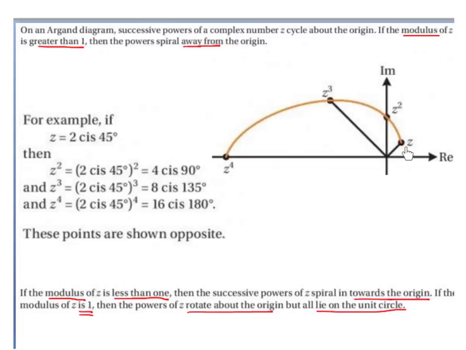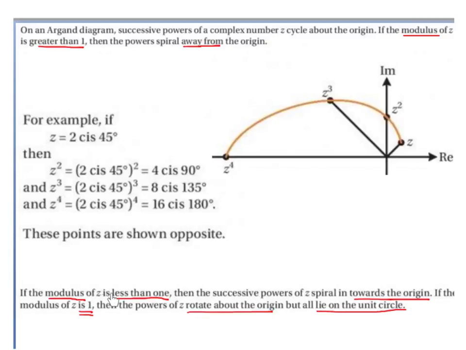So from the real axis going anti-clockwise, we have an angle of 135 degrees on a modulus of 8. And z to the power of 4 has a modulus of 16 and an angle of 180 degrees. So 180 degrees starting at the real axis and going anti-clockwise, we end up on the negative part of the real axis, at 16 units. So technically this is minus 16, this point here. So we can see that what's happening is the successive powers are spiraling away from the origin.